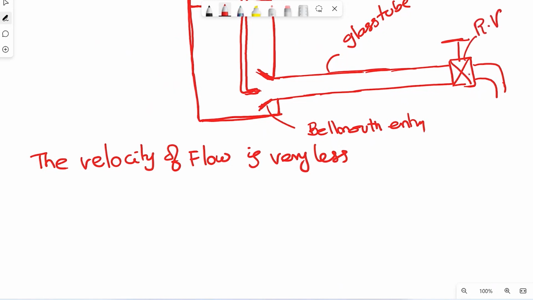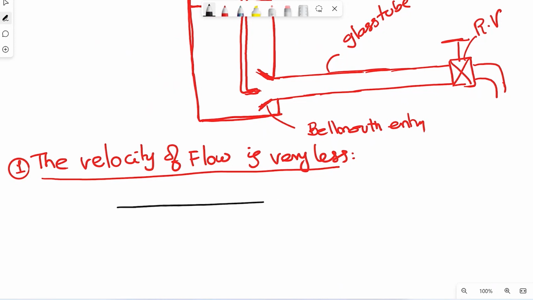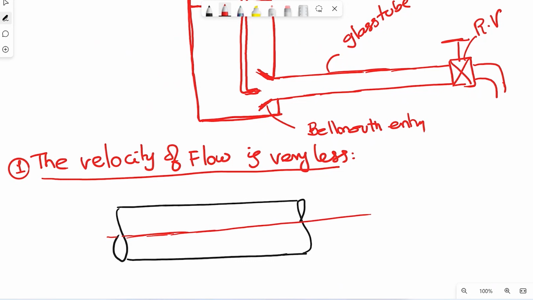By regulating this valve, the velocity of flow in the tube is maintained very less. When the velocity of flow is very less, if I take this as the glass tube, the dye filament entering into it is like a straight line. This is what we observed.